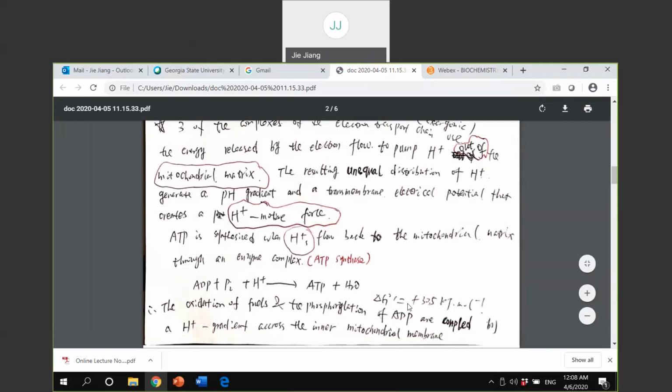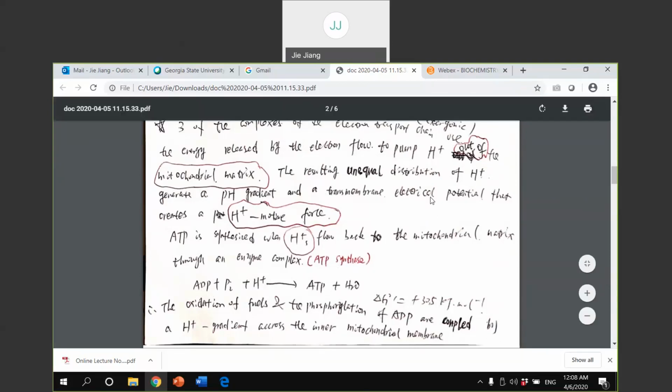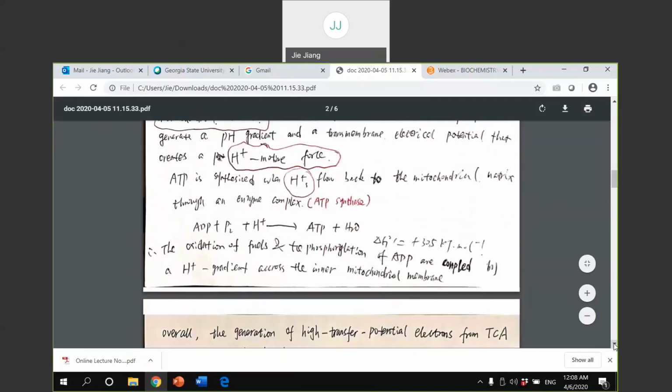You can tell the delta G is positive 30.5. Still remember that the hydrolysis of ATP is a spontaneous process with negative delta G. So the reverse reaction, forming ATP from ADP, has a positive 30.5. So you have to couple these two reactions to make the overall process spontaneous. That confirms the importance of the ETC.